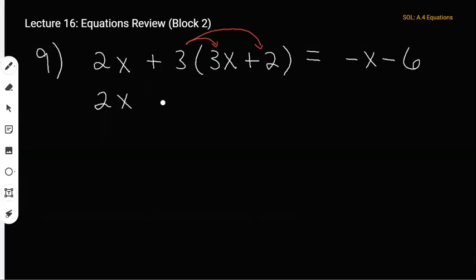So the 2x is going to stay the same, but I have to multiply everything by 3 on the inside. So I'm going to get 3 times 3x. That's going to give me 9x. And then I have 3 times 2, which is 6. And everything stays the same on the right side. We haven't done anything with that yet.